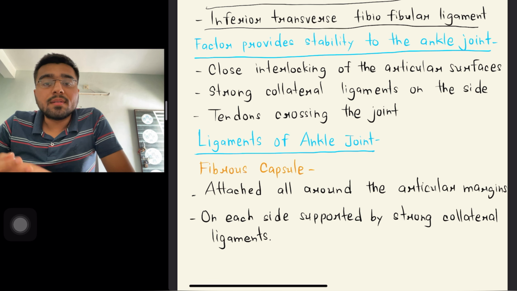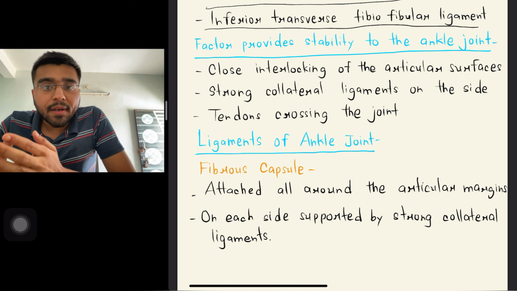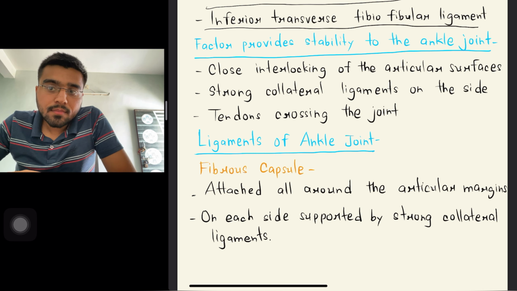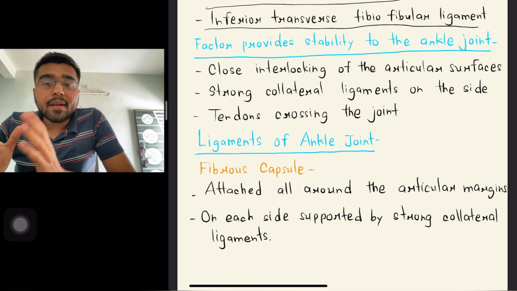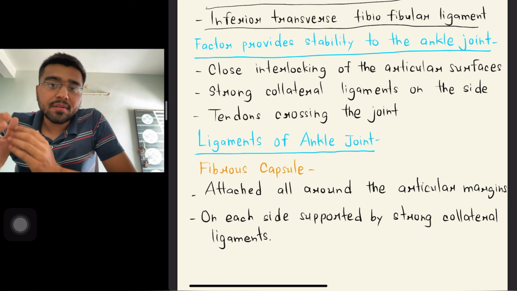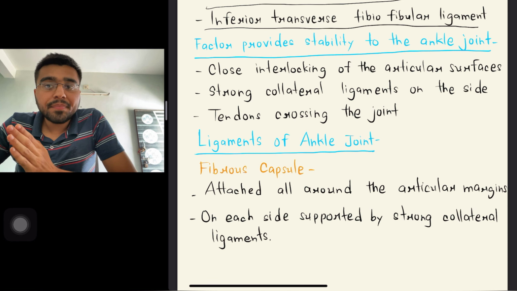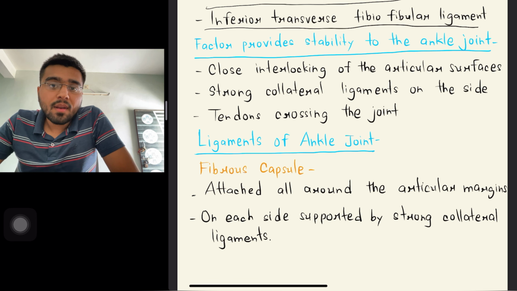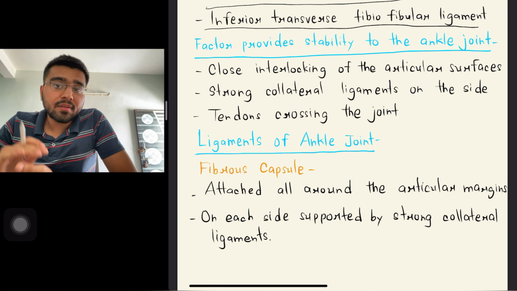This is the articulating surface of the ankle joint. On each side of the ankle joint, it is supported by strong collateral ligaments, like we discussed as the second factor in the stability of the ankle joint.